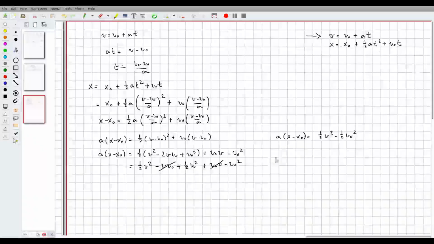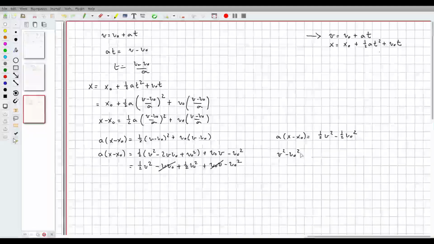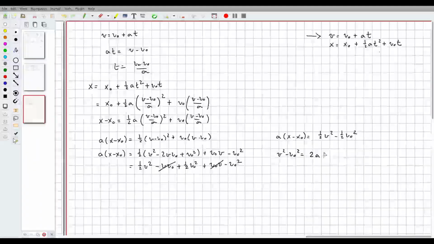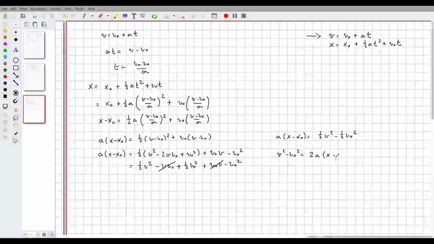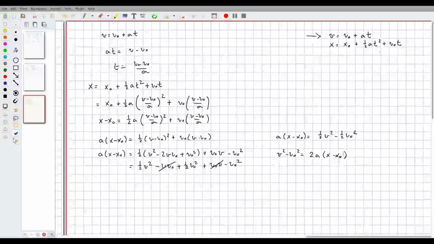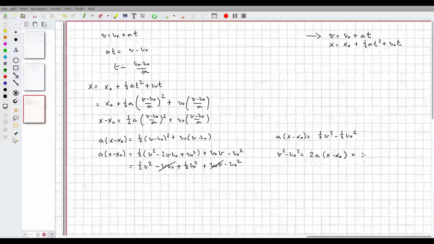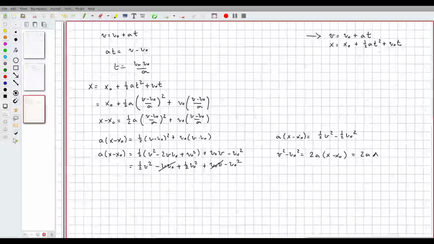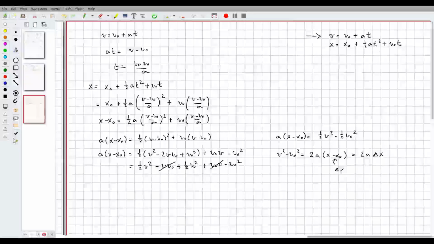Now I'm going to multiply both sides by 2 and switch sides. And when I do that, I get V squared minus V naught squared is equal to 2 times A times X minus X naught. Now, sometimes you might see this also written as 2 times A times delta X, because this is in fact the same thing as delta X.